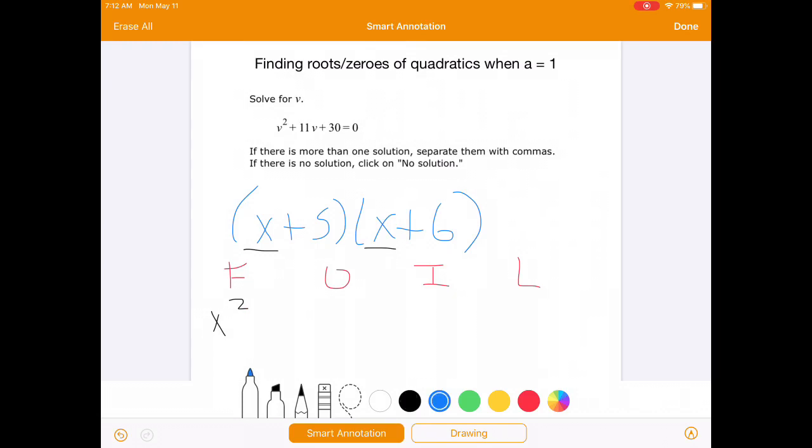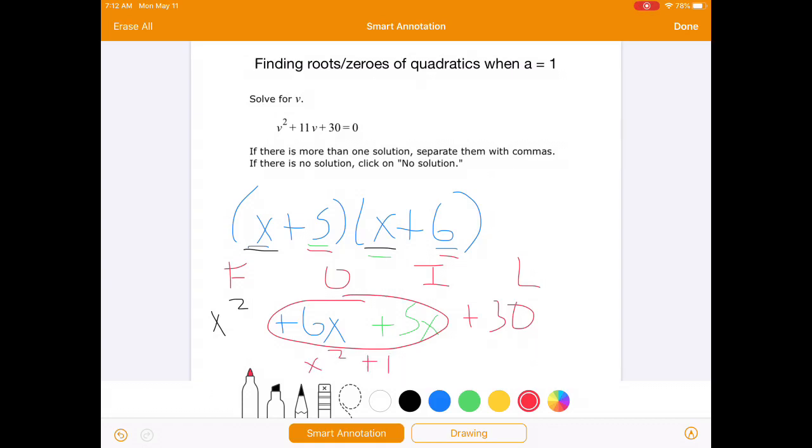Then we would take the outer terms, x times 6, which would be a positive 6x. Then the inner terms, 5 and x, which would give us a positive 5x. Then the last terms, 5 and 6, multiplying them together, we would get 30. Adding the like terms in the middle, the OI terms I like to call them, we get x squared plus 11x plus 30.